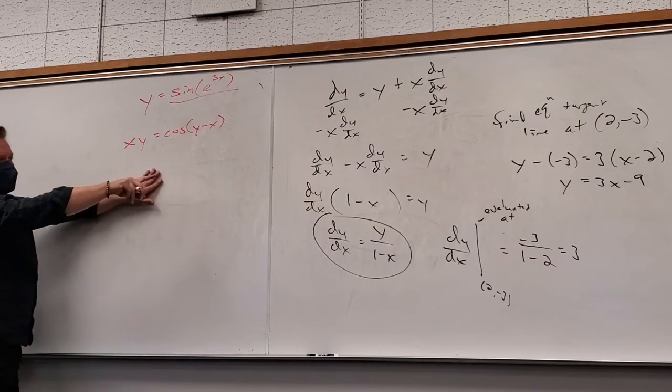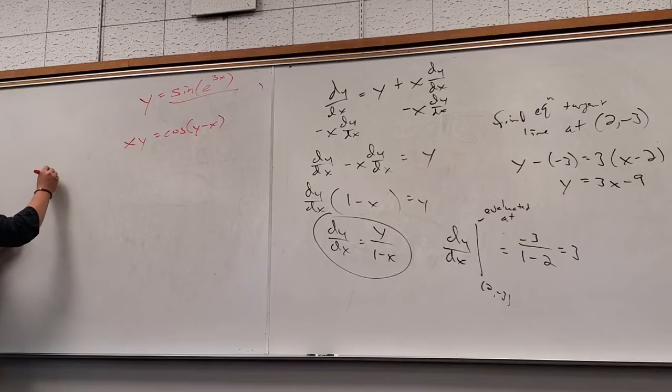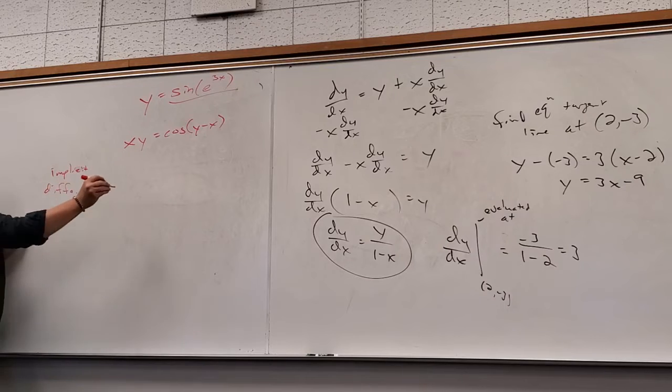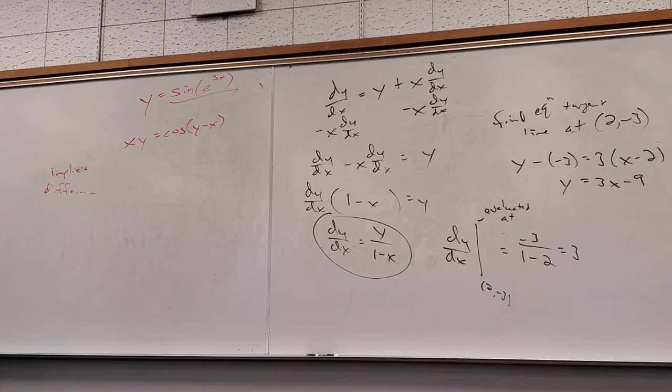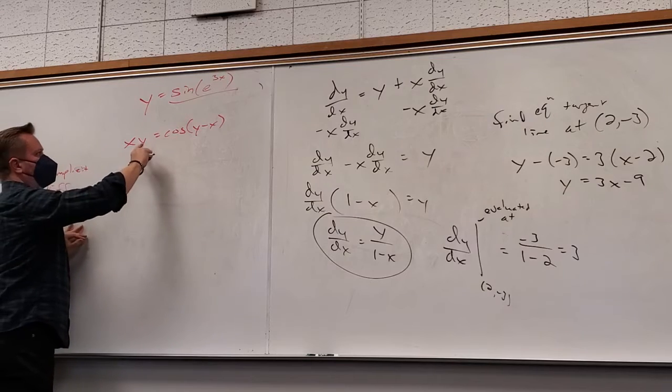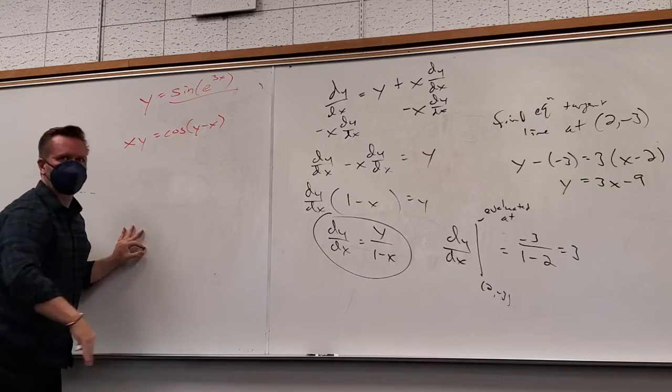This is what's called, when I do differentiation on this, implicit differentiation. That's the title of the section, implicit differentiation, because they didn't explicitly tell me what y was. Nobody here can tell me what y equals in terms of x.